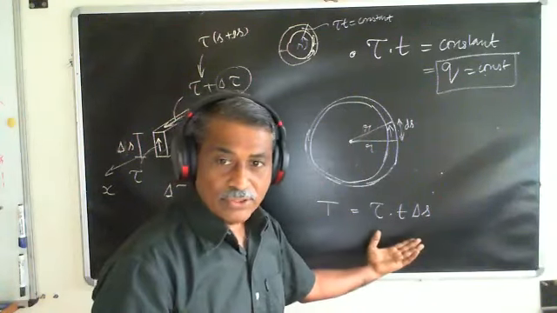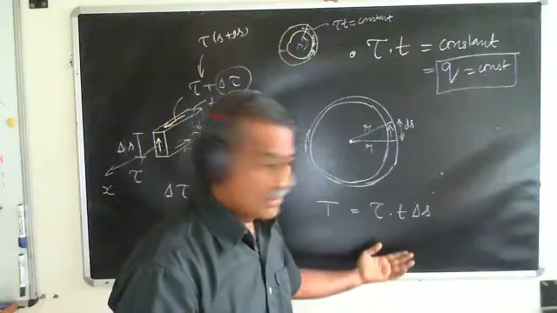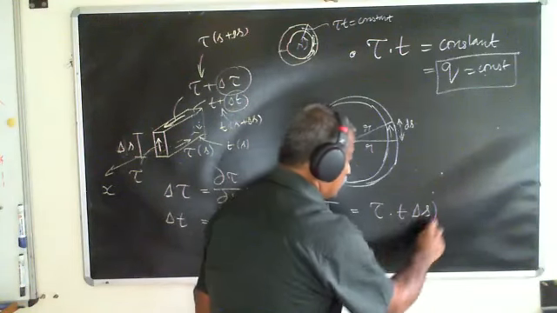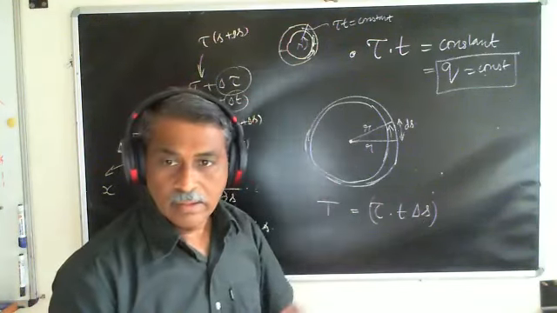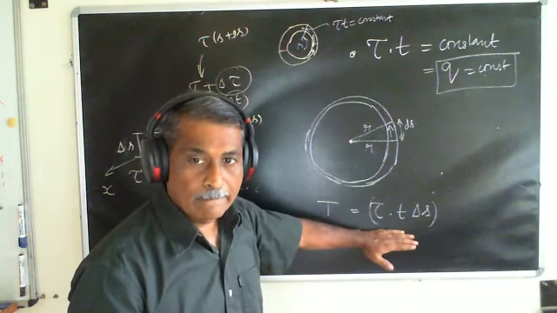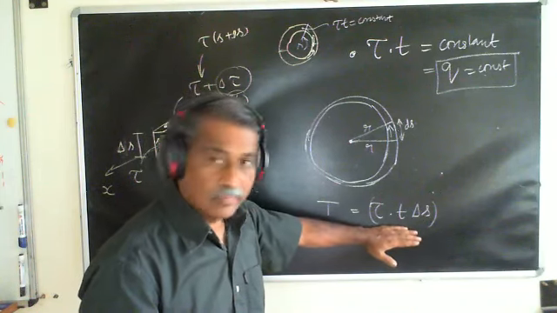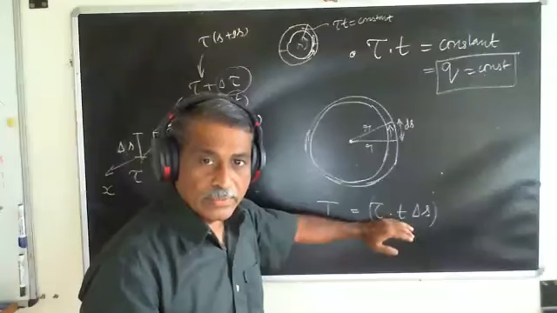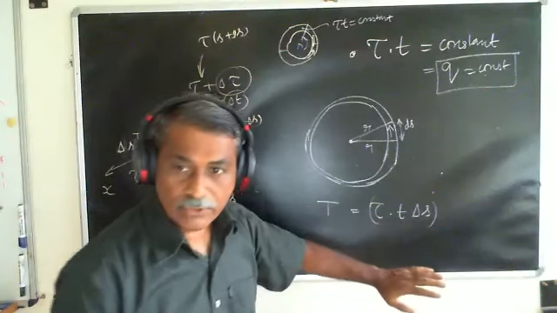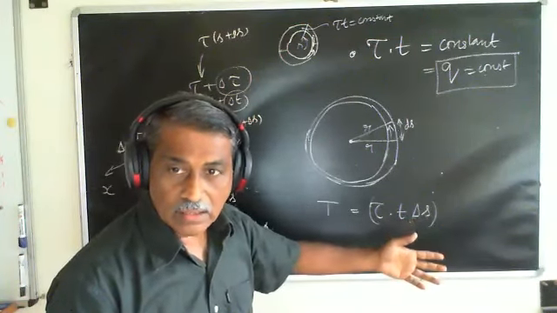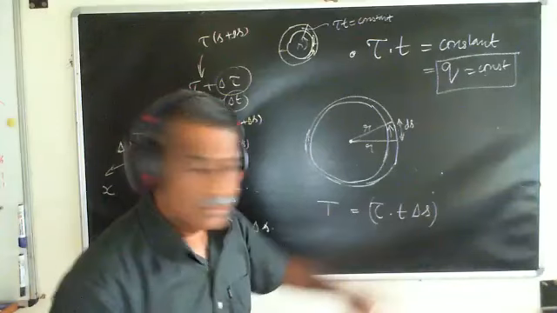This is the force. Is this correct? Tau times T times delta S is the force times R. Correct? Times R.